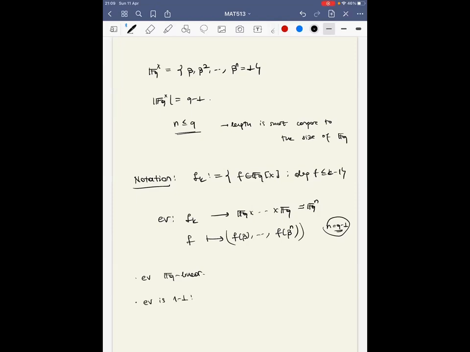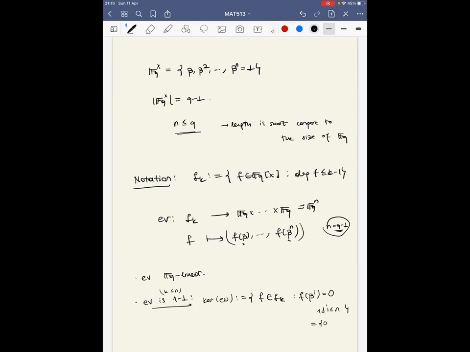And indeed, if we suppose that k is less than or equal to n, such a map is also one-to-one. In order to see that, consider a polynomial which lies in the kernel of the evaluation map, so that means a polynomial whose evaluations at the given beta i's, while i runs from 1 to n, are zero.